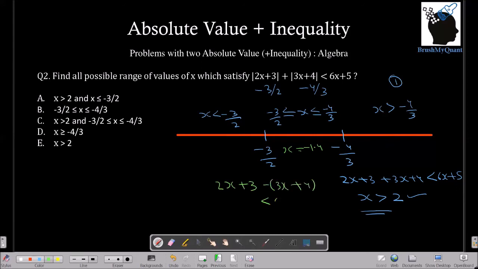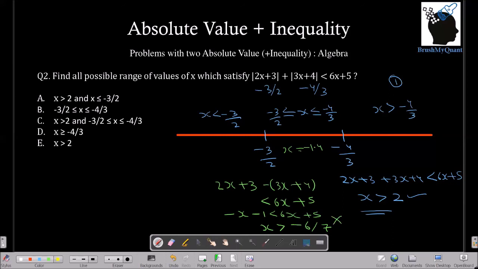Should be less than 6x plus 5. And this is nothing but minus x minus 1 is less than 6x plus 5, or x is greater than minus 6 by 7. Now definitely that is not true because our range was x is between minus 3 by 2 and minus 4 by 3. So this is not a solution.